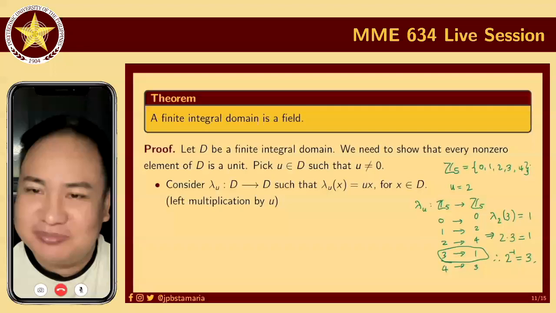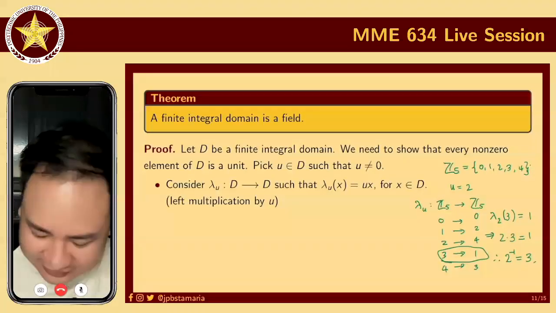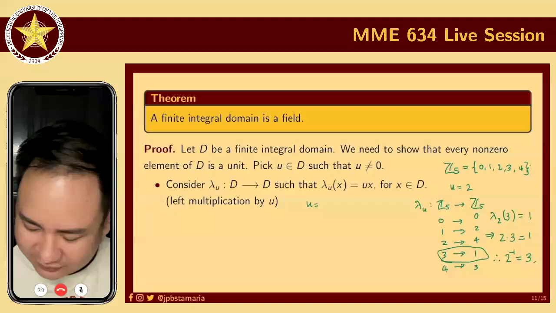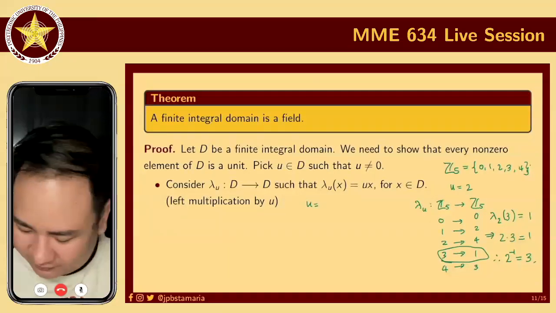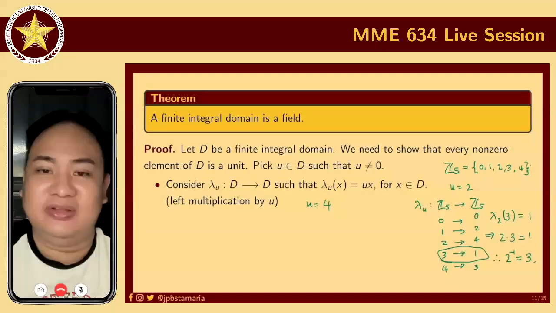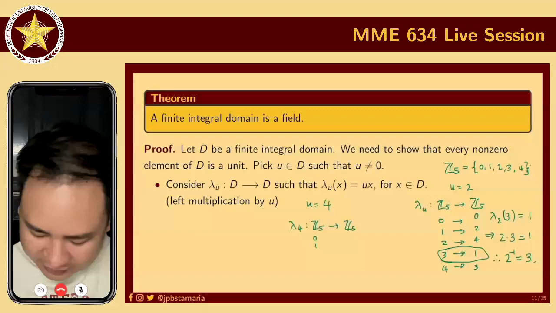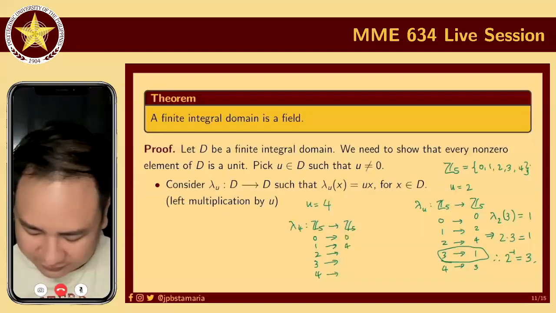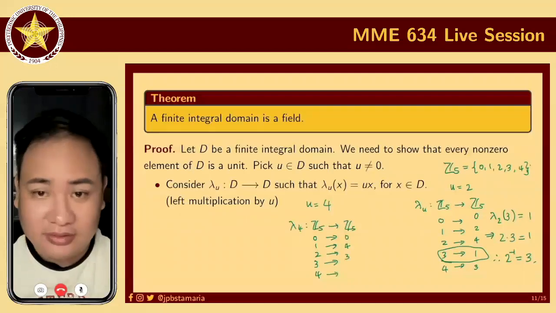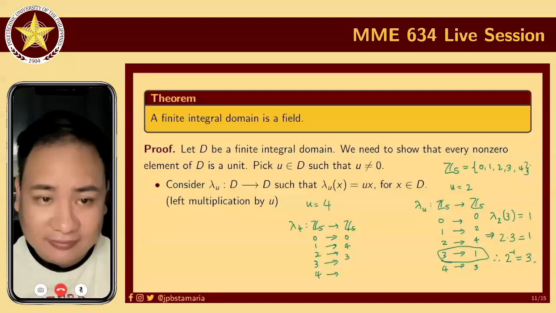Alam mo, magpalit ka ng u. Let's say, this time ang u na kukunin ko 4. Sino kaya ang multiplicative inverse ng 4? Ang gawin mo, buuin mo yung lambda 4. Multiply mo lahat sa 4. 0 times 4, 0. 1 times 4, 4. 2 times 4, 3. 3 times 4, 2.